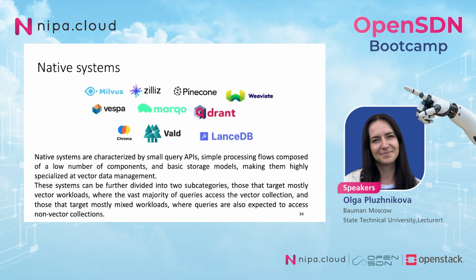These systems can be further divided into two subcategories: those targeted mostly at vector workloads, where the majority of queries access the vector collections, and those that target mixed workloads, where queries are also expected to access non-vector collections. Mixed workloads may consist of traditional attribute queries or textual keyword queries, along with typical predicate and non-predicate vector queries.